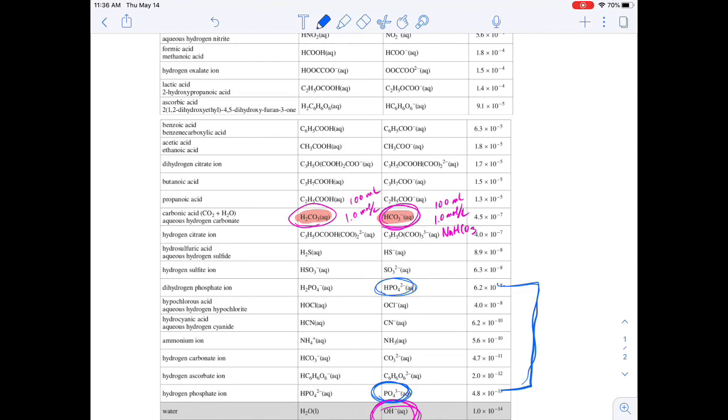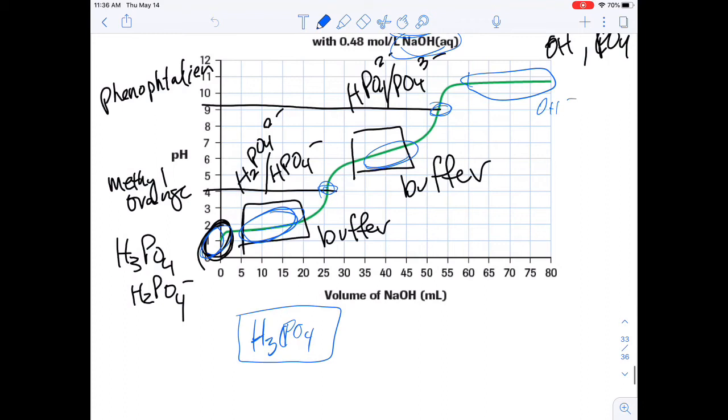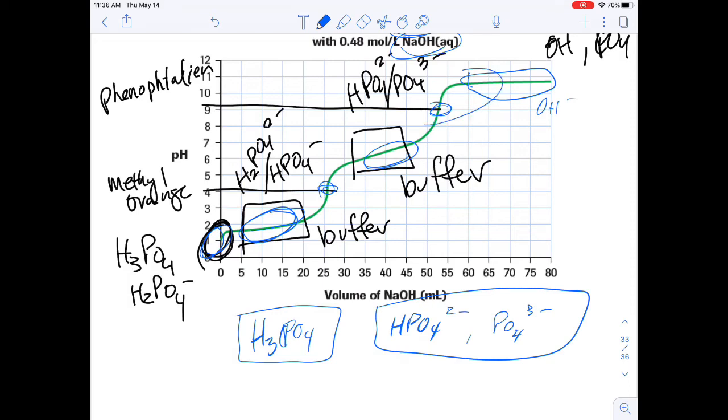They're both essentially significantly basic enough that we don't actually see them as a separate bump on the curve. And so we're only seeing two of the reactions because two of the states, HPO4 2 negative and PO4 3 negative, are both so similar in basic quality that they actually look like one sort of stretched out part in the curve.